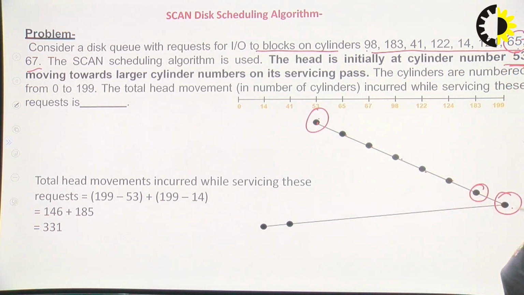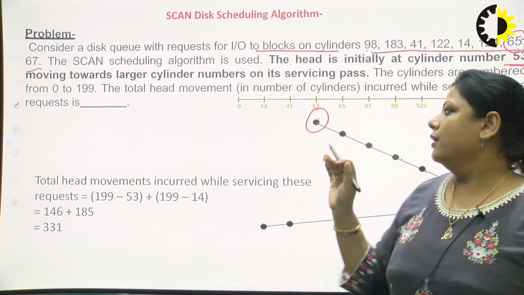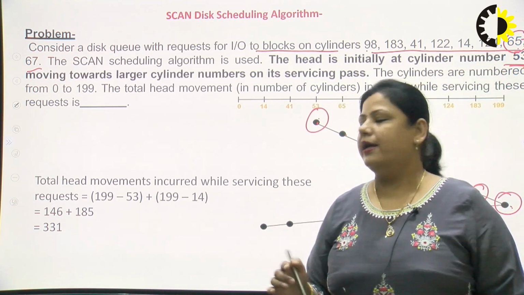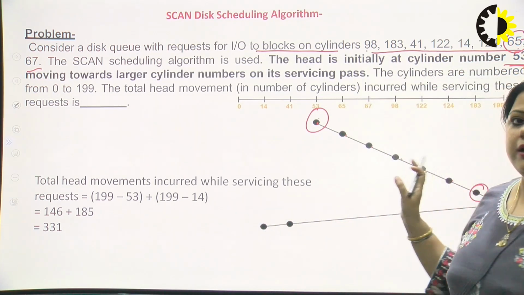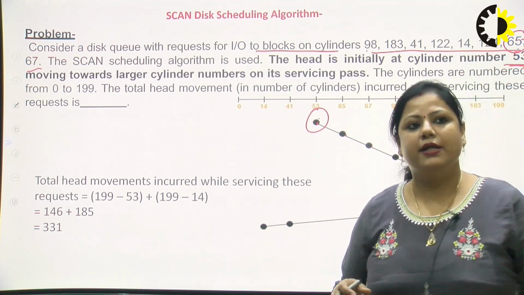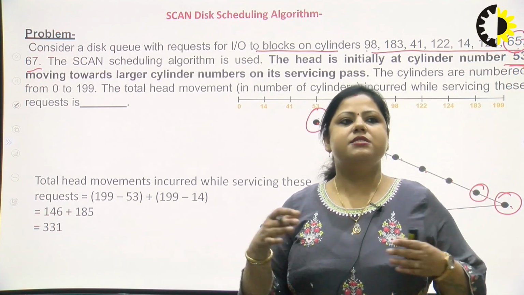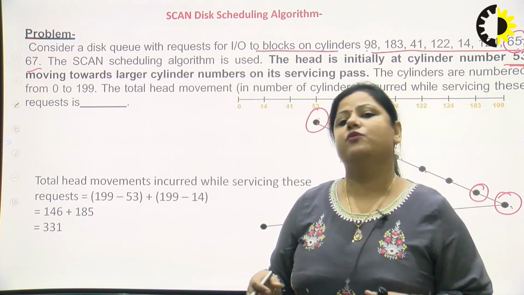When it comes to one end of this scheduling, it changes its direction after reaching the other end. After reaching the other end, the head reverses its direction and moves towards the starting end, servicing all the requests in between.